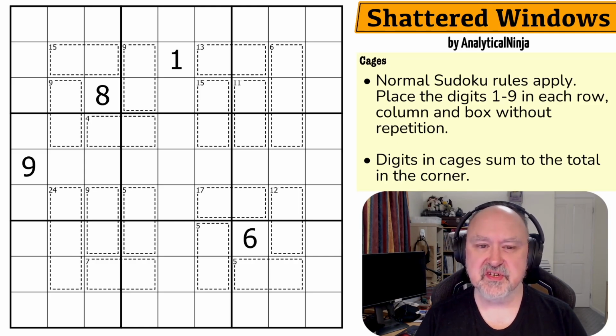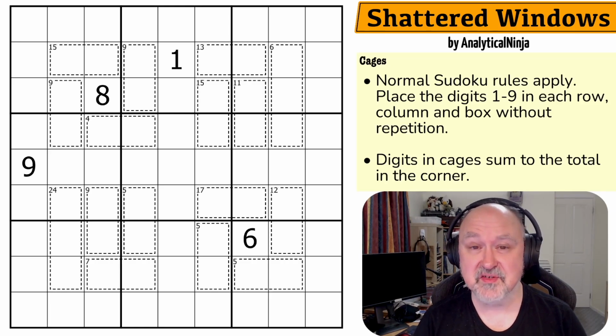The killer cages constraint, there's been a bit of a movement recently to just call it the cages constraint, because while it's been called killer Sudoku for over 20 years, is my understanding, killer has sort of a negative connotation, and there's a lot of push to try and make Sudoku more school child friendly, and the concept of killer is not necessarily something that you want to use to introduce basic arithmetic to young school age children.